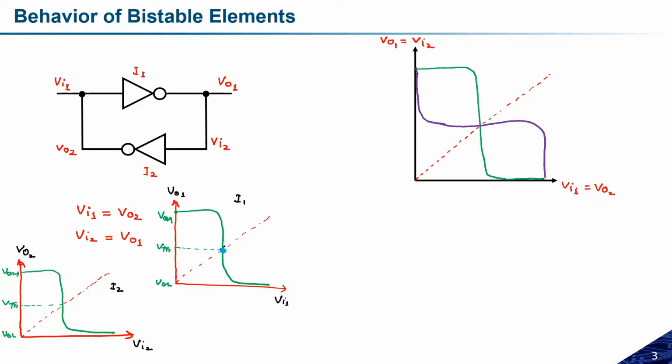The point at which the input and output characteristics cross each other is where we get the maximum gain. Similarly, at the points where the logic levels are fixed, at this point and this point, the gain is minimum, and if the gain is minimum, we can call them the stable points. Similarly, that will happen with the second inverter as well. So these two points are the stable points, and this point is the unstable point.